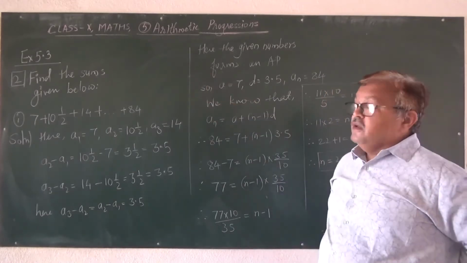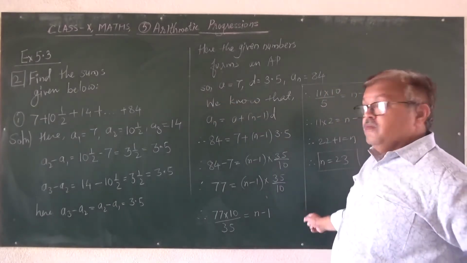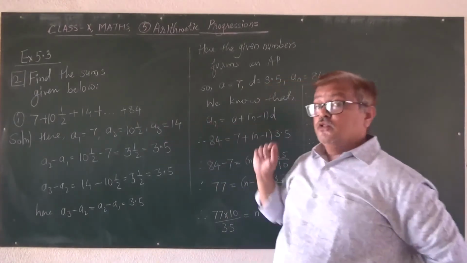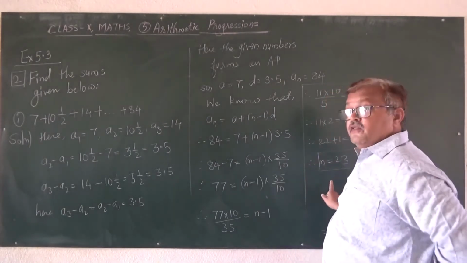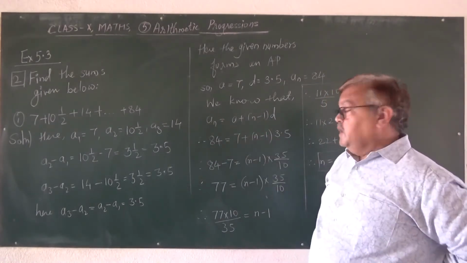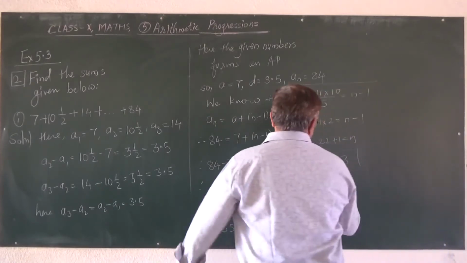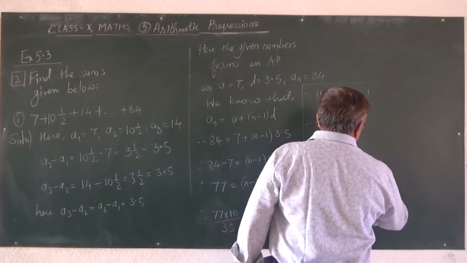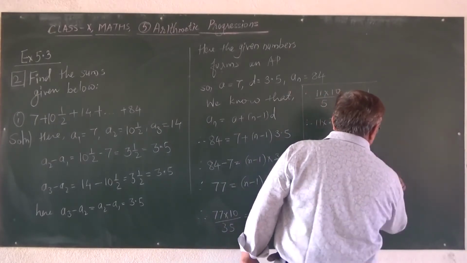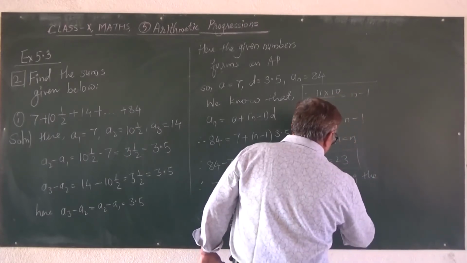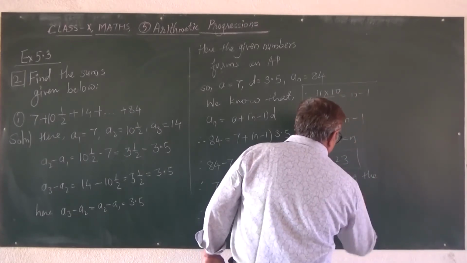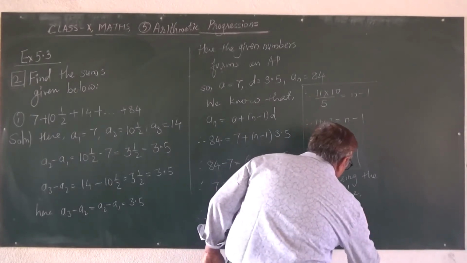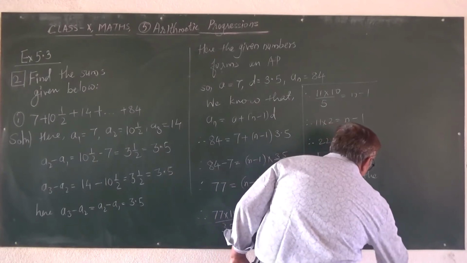Now you can find the sum using the formula. You know the first term, you know the last term is 84, and you know the number of terms, n, we calculated 23. So in this AP there are 23 terms. Now we can calculate using the formula Sn is equal to n by 2 times the first term plus the last term.